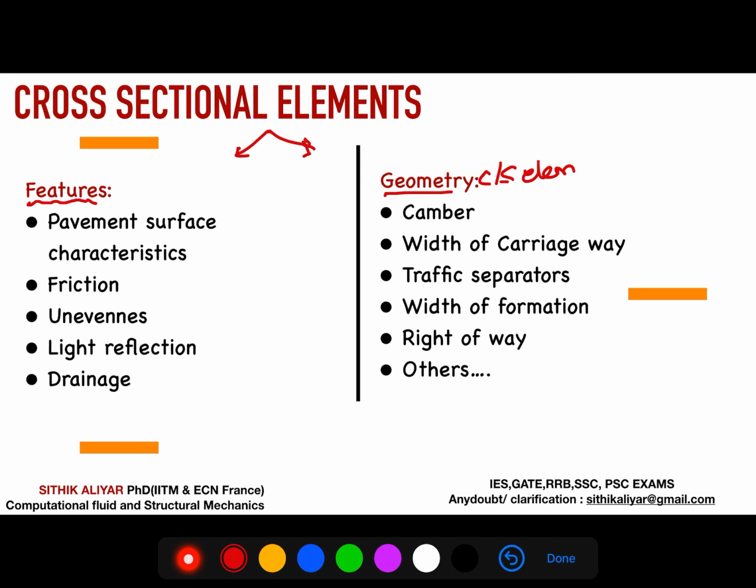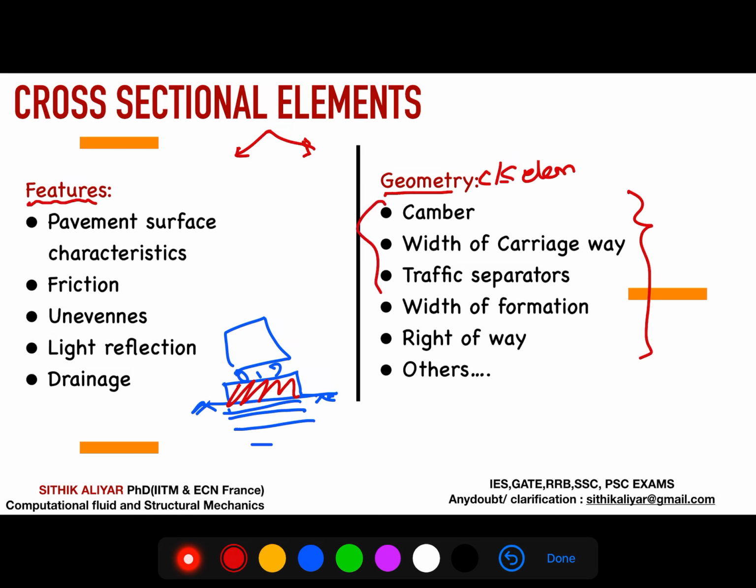We won't consider the features inside the road, like below the pavement. I don't care about that now. The cross-sectional elements I am speaking of are above the ground level. Above the ground level, this is the road. So what geometric elements should I see? Those are covered under this topic.